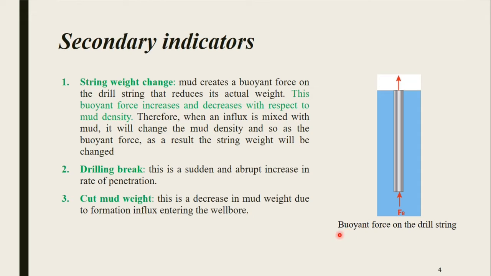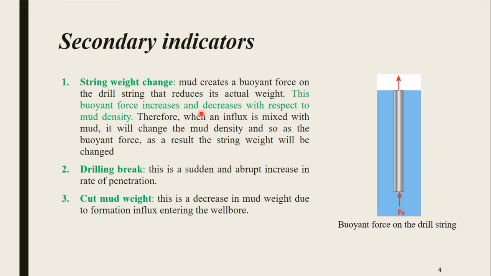And this force is called the buoyant force, which is represented by Fb. This buoyant force increases and decreases with respect to the fluid density. The greater the density, the greater the buoyant force. They have a proportional relationship with each other.